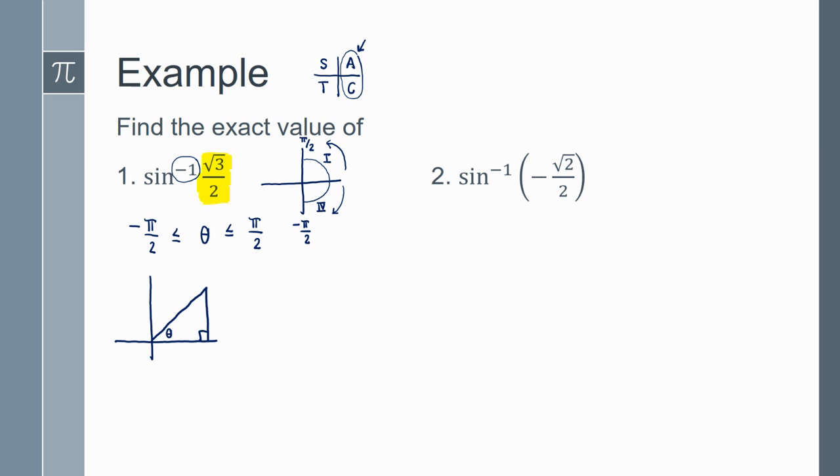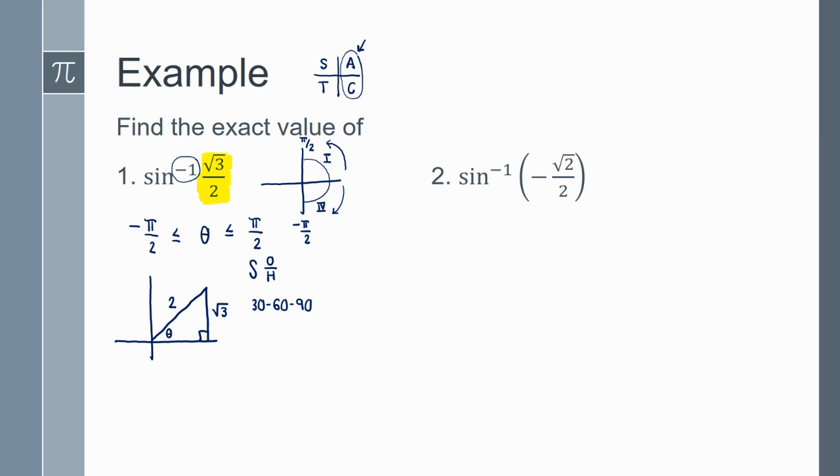So now that I know that I'm focusing on the first quadrant, if I'm thinking about SOHCAHTOA, sine is opposite over hypotenuse. So the square root of 3 is opposite the angle I'm trying to find, and the hypotenuse is 2. What kind of special right triangle deals with those two sides? Well, it's going to be a 30, 60, 90 triangle.